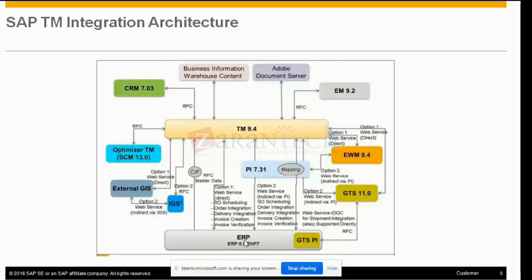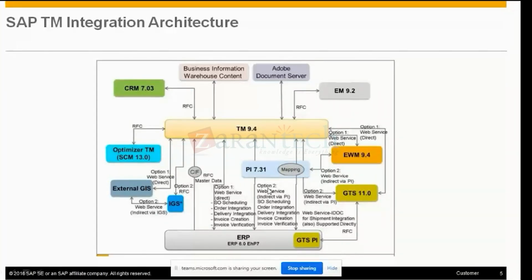But whenever you are using a decentralized or sidecar scenario, you need to think about how to transfer your data from ERP to TM. There are two options. Option one is direct, where you can use your SOA manager to transfer your data from ERP to TM. The second is the indirect method, where you can use PI.